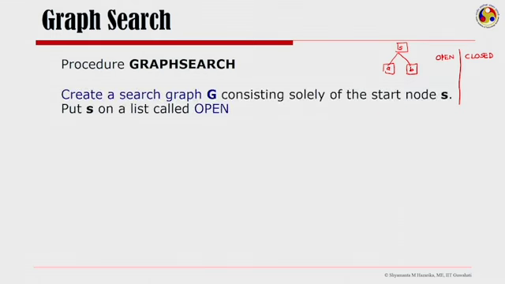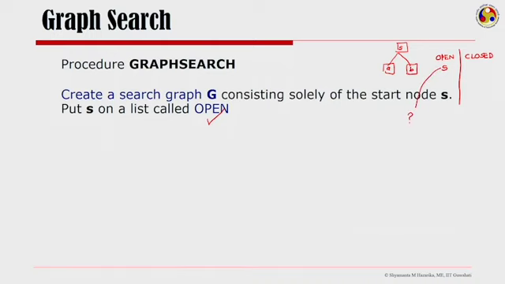Let's call these successors A and B. So we create 2 lists, one called open and the other called closed, and we first put S in the list where it needs to be expanded. So we put S in the open list, consisting solely of the start node, and then we pick up S for expansion.